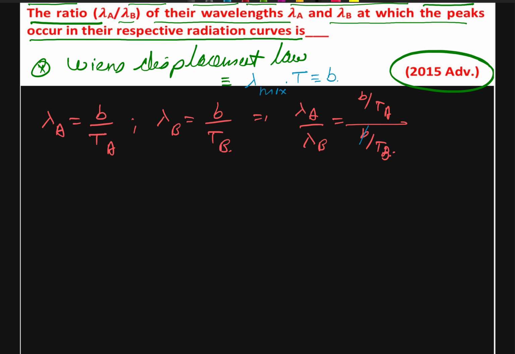This B and B go away, and this comes as TB upon TA. Basically, we have to find out the temperature, and for that we are going to use Stefan-Boltzmann law.